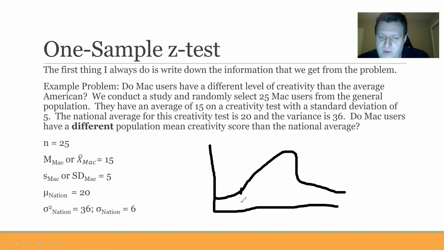We need two rejection regions. A rejection region to the left side of our distribution, and a rejection region to the right side of our distribution. Another way of referring to this kind of test would be a two-tailed test. Two-tailed because we have a rejection region on the left and right side of our distribution. It's at two different tails.